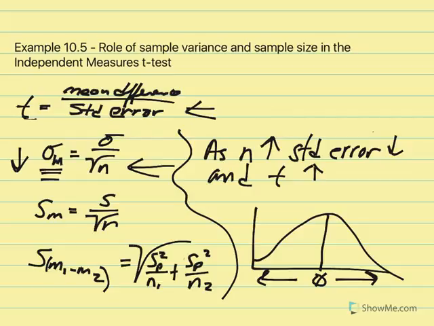We can influence standard error by increasing our samples, but we have no influence over the variability of the samples that we select. That's out of our control, but the standard error, given these equations, can be somewhat influenced by the size of the samples that we opt to use.